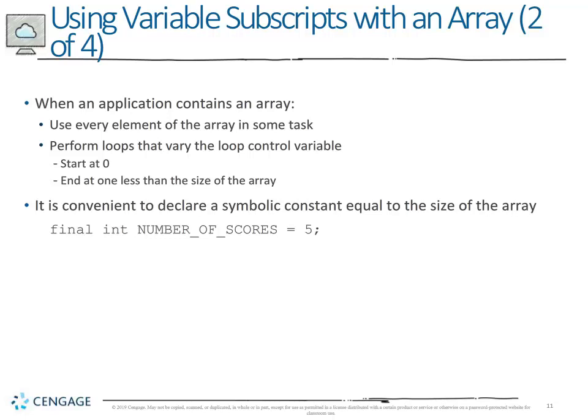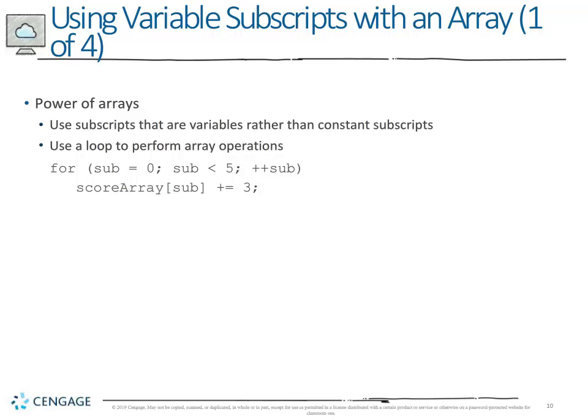In an application that includes an array, it is convenient to declare a named constant equal to the size of the array and use it as a limiting value in every loop that processes the array. We have a statement like a final integer number of scores equal 5. Final is the constant keyword. We can use a subscript to access each array element.